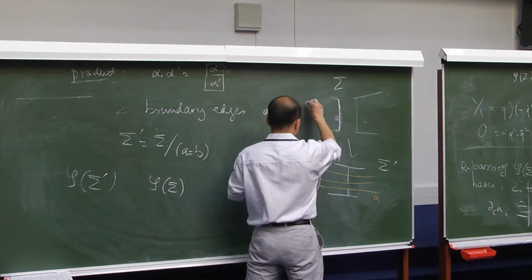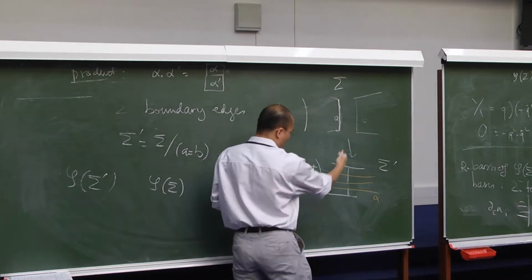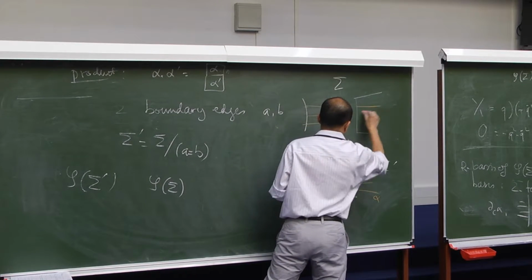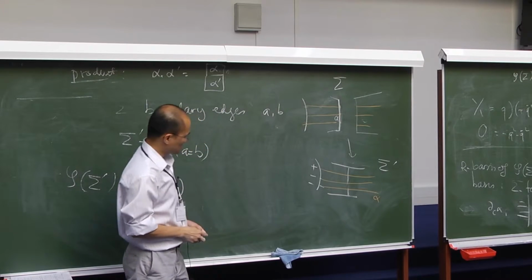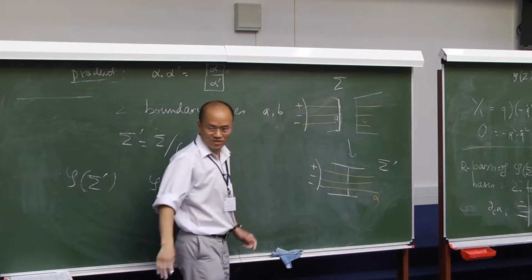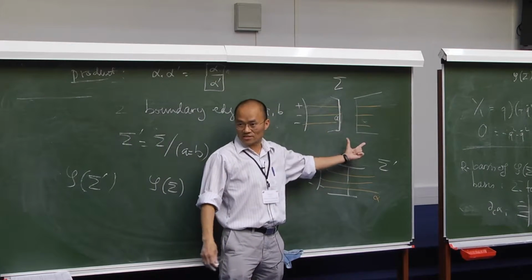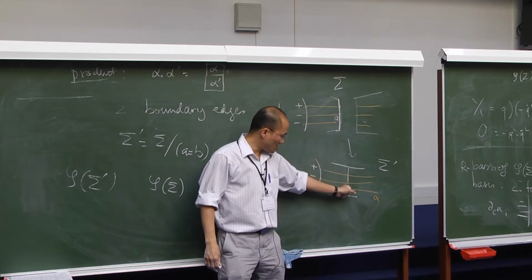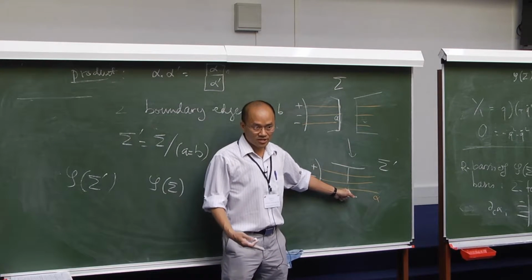Now I leave this here. I just formally split this, then I get this picture. Here I also have plus, minus, okay? Except for the boundary points of this splitting part here.